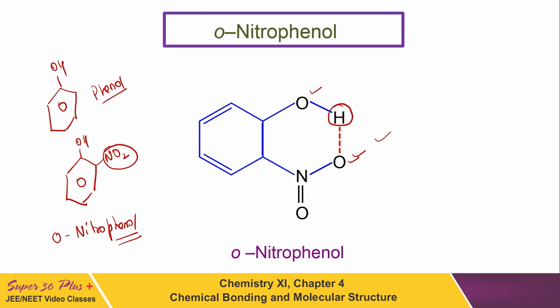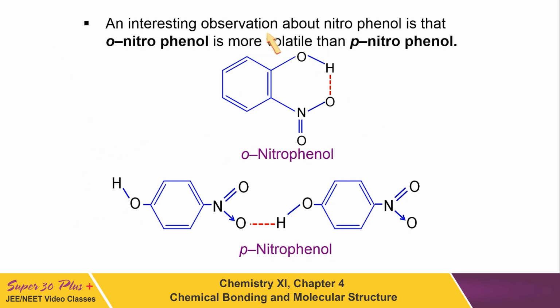Alright. An interesting observation about nitrophenol is that orthonitrophenol is more volatile than paranitrophenol. See, we have two different compounds. One is orthonitrophenol. In orthonitrophenol, the H bond is there, which is of which kind? It is intramolecular.